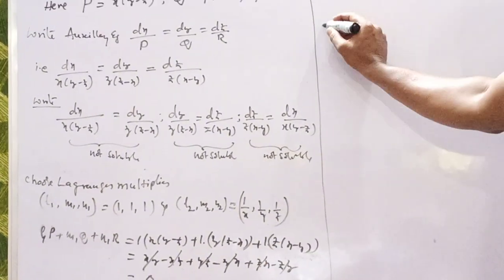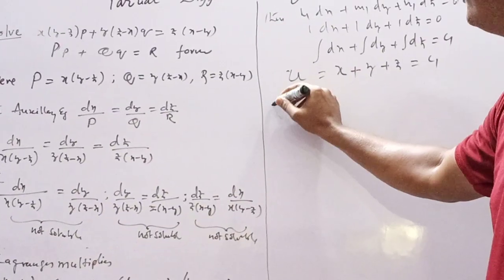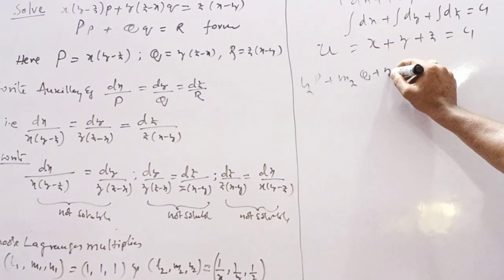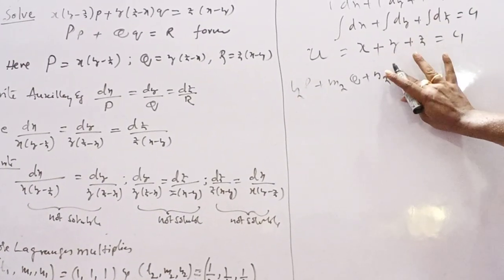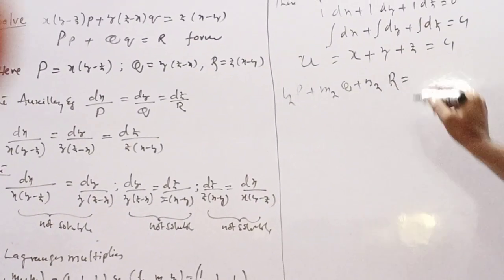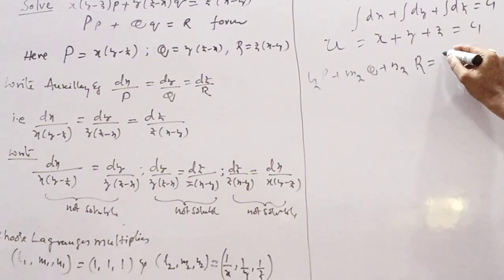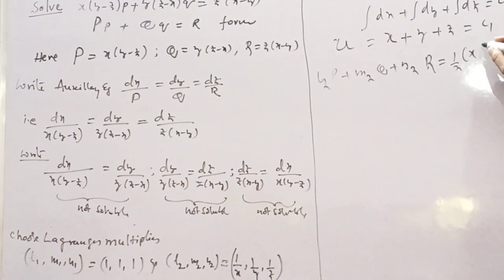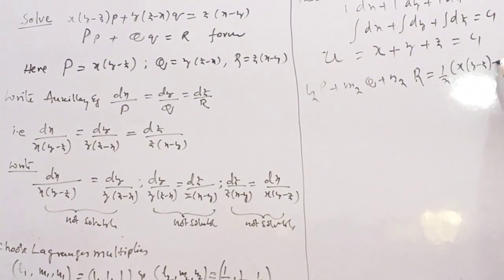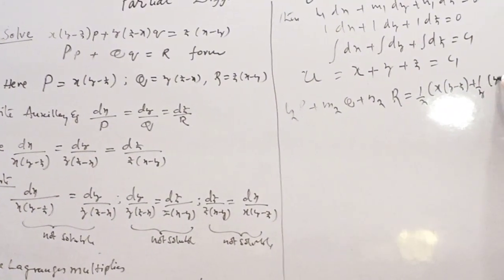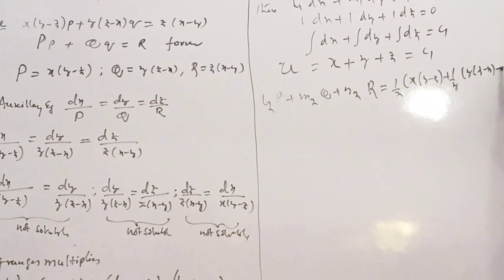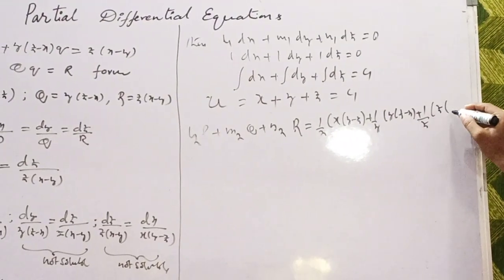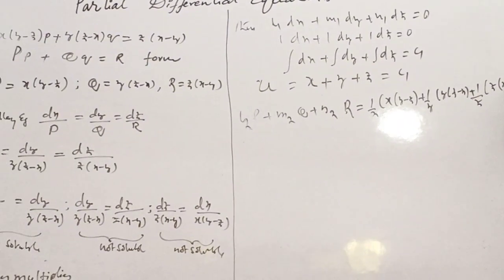So take the condition l2 P, m2 Q, n2 R equal to, what is l2? 1/x into x(y - z), 1/y into y(z - x), 1/z into z(x - y).